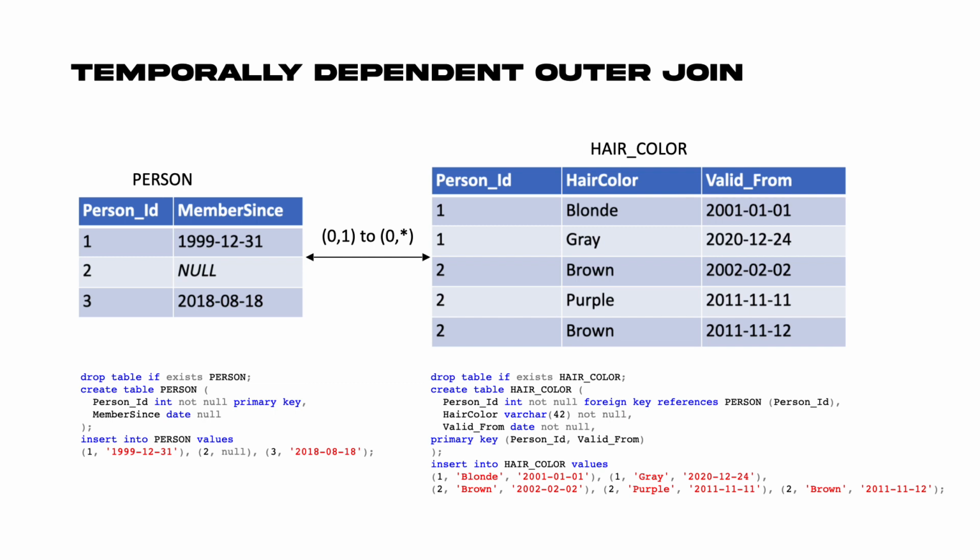There could be some people that aren't members at all yet. So let's say that they have a null value in the member since table. So that's an additional reason for why a person might not have a match in the hair color table. So the question is still, what hair color did each person have at the time that they became a member?